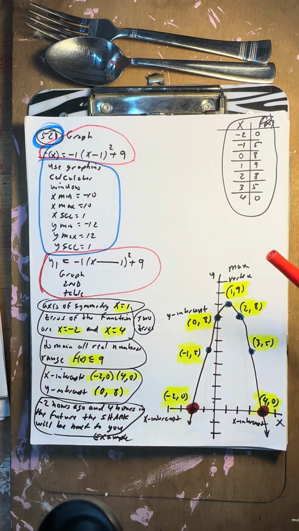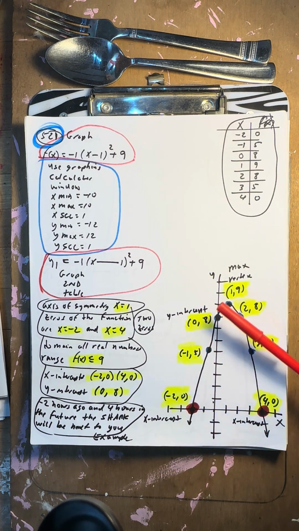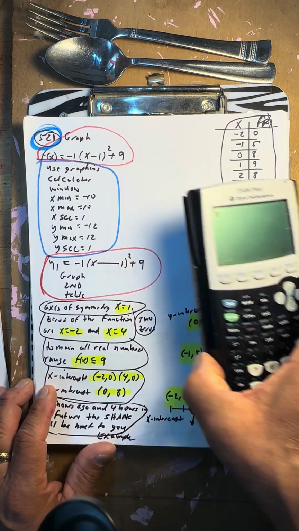f of x, again, you can put in a calculator and run it. And you'll get all these points right here. So now, put that in the machine. You want to do it? Sure, I'll do it right now. Let me just show you. So let's put this one in there.